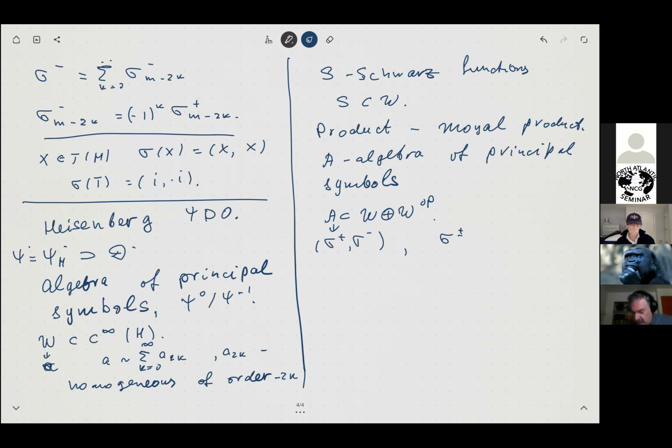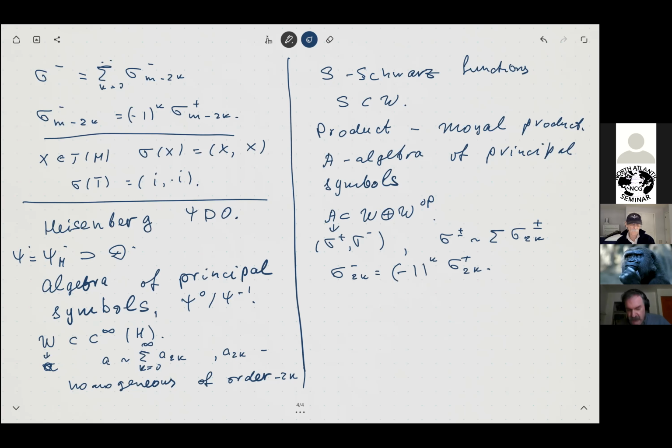So sigma plus minus has an asymptotic expansion sigma k plus minus, and sigma minus k is equal to (-1) to the power k sigma plus k.